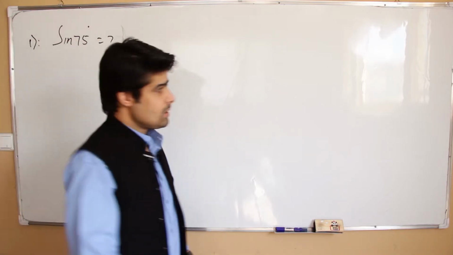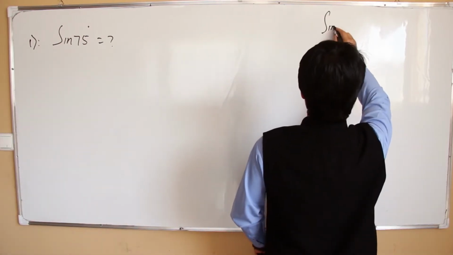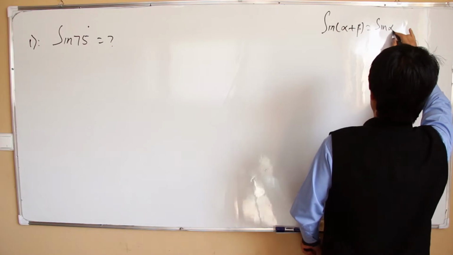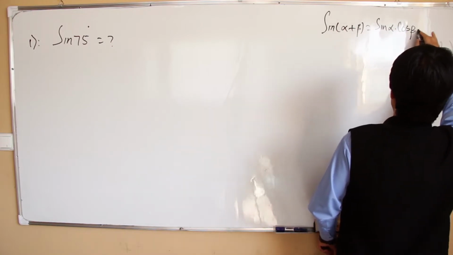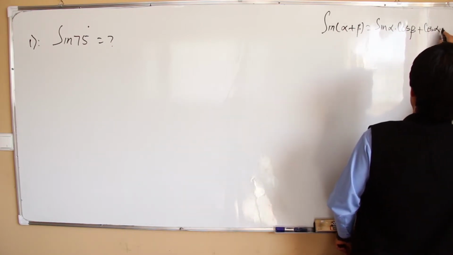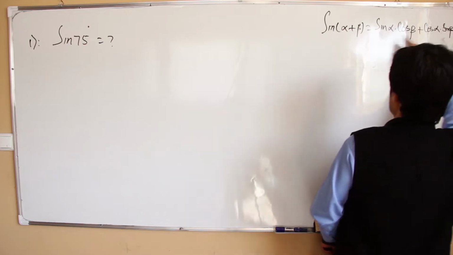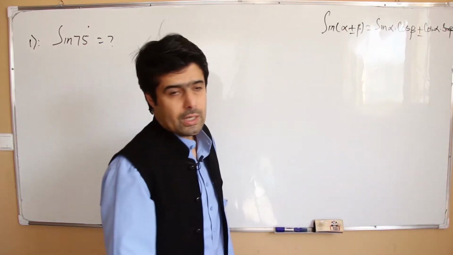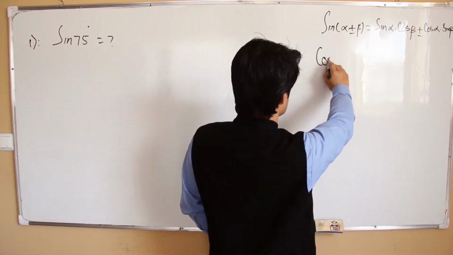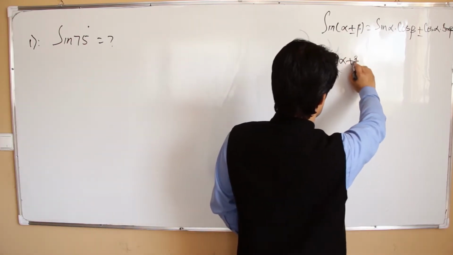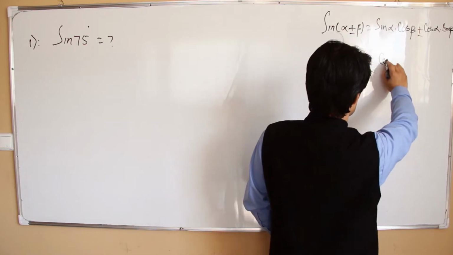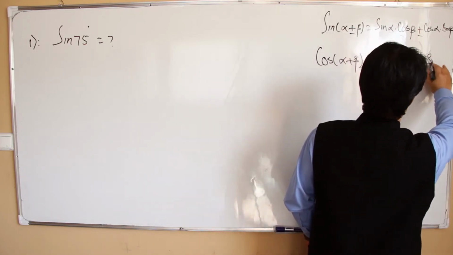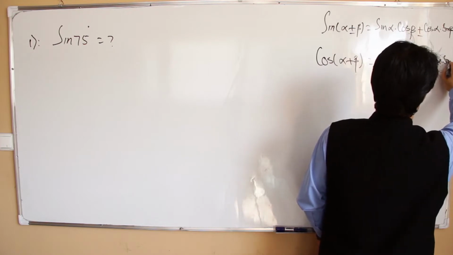We have studied sine of alpha plus beta, which is sine alpha cosine beta plus cosine alpha sine beta. If this is negative, our sign is negative. We proved cosine of alpha plus beta, which is cosine alpha cosine beta minus sine alpha sine beta.